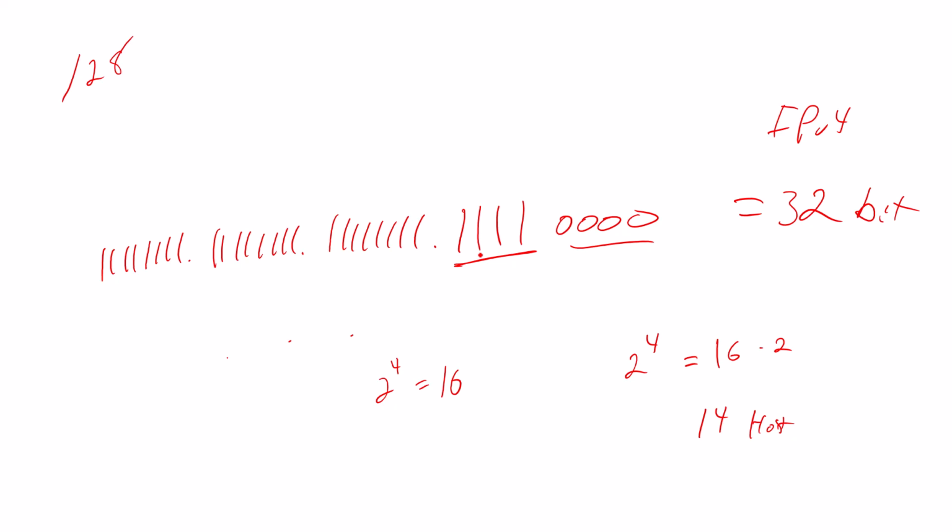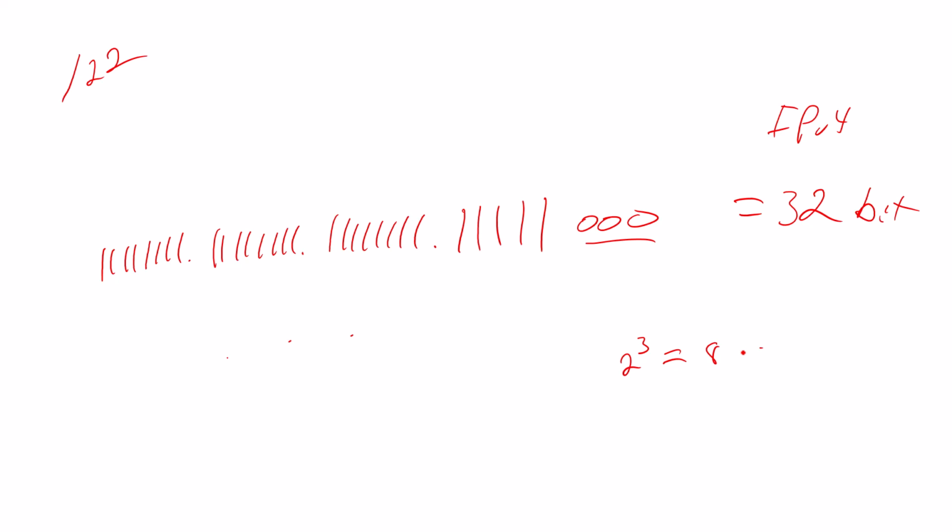And it wants us to go all the way, so I'll just do a few more. /29. 3 zeros, so 2 to the power of 3, which is 8 minus 2, 6 hosts. 2 to the power of 5 would be 8 networks of 6 hosts.